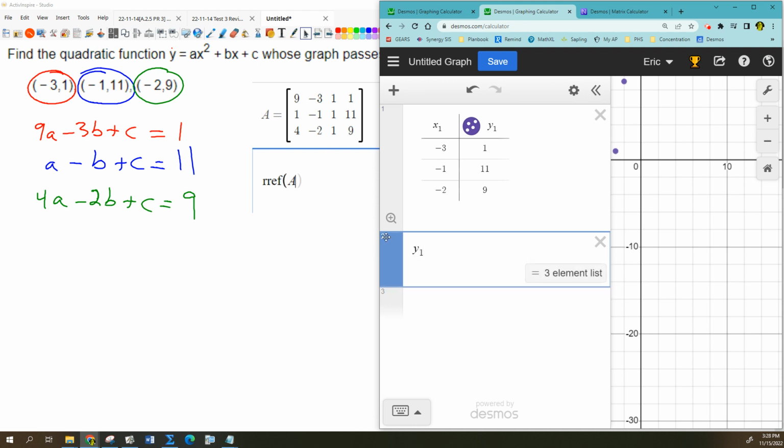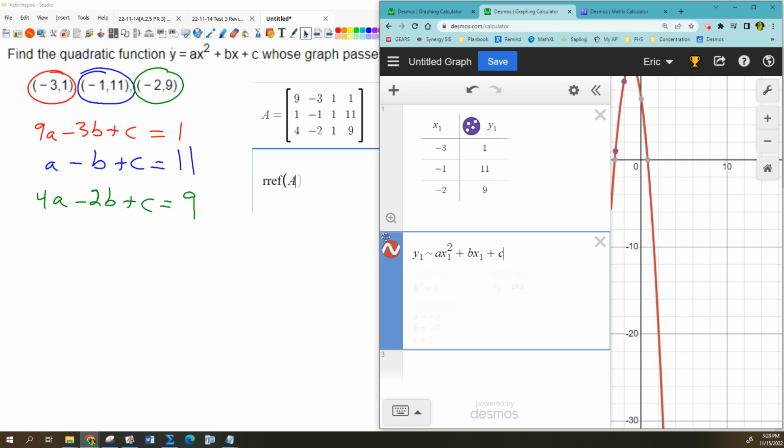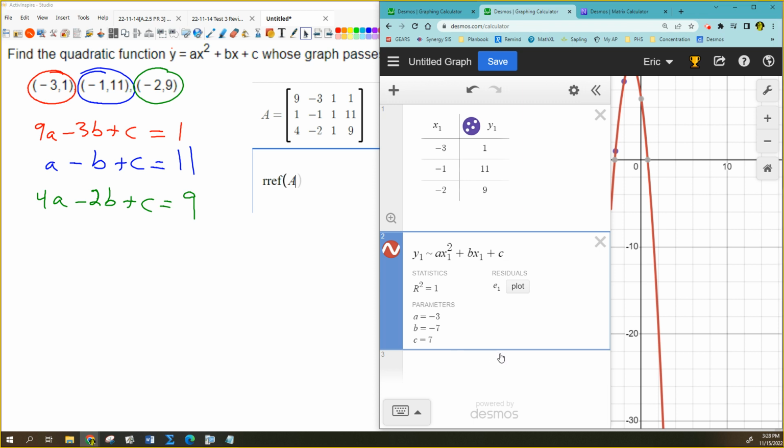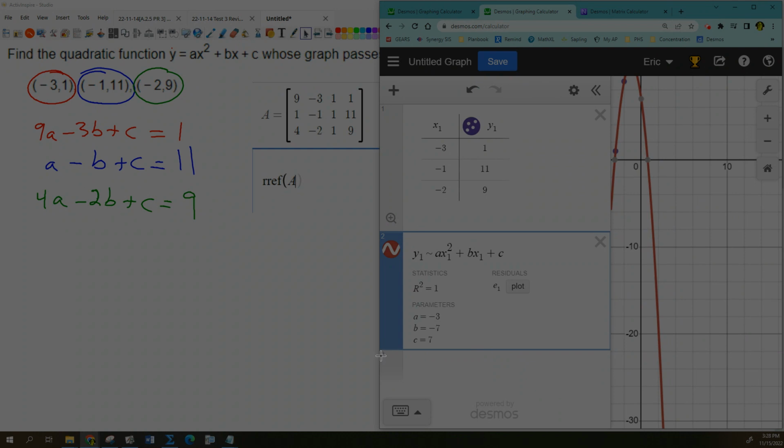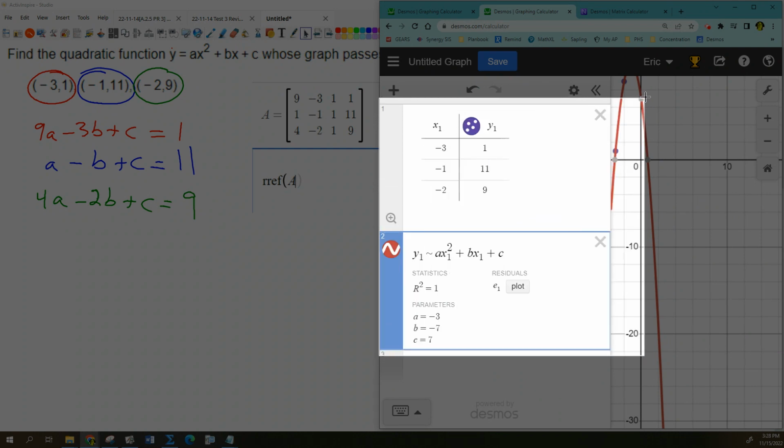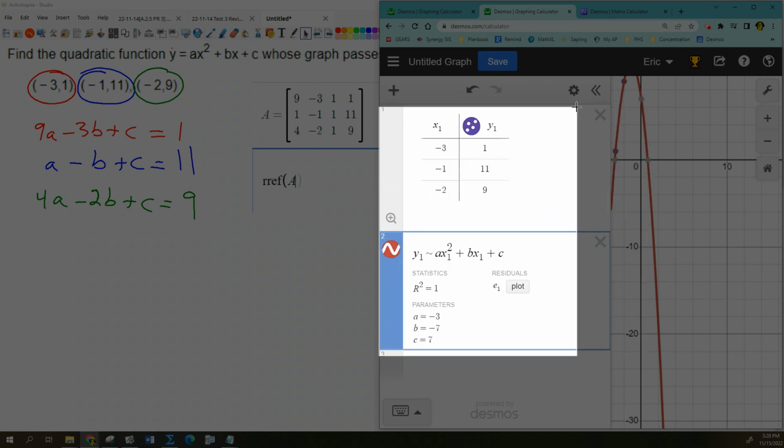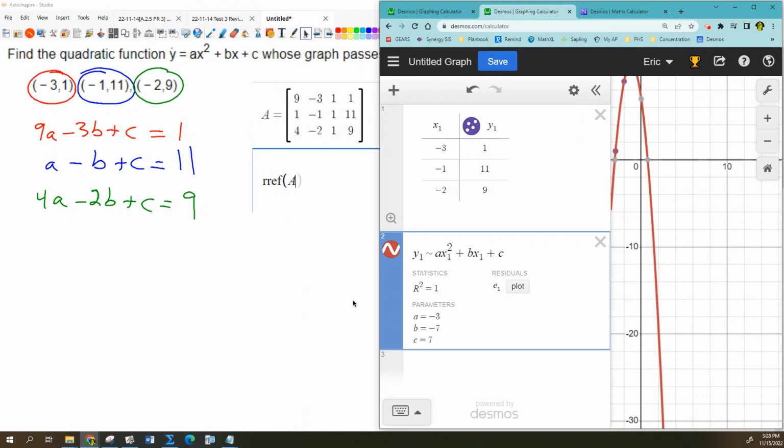So y1 tilde a x1 squared plus b x1 plus c, r squared is 1, and what do you know? Look at my values of a, b, and c. Those look familiar, right? Take your pick. You have access to just an embarrassment of riches on this test in terms of technology. You got the whole thing, right?